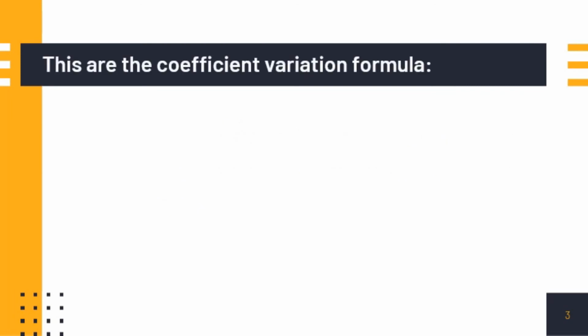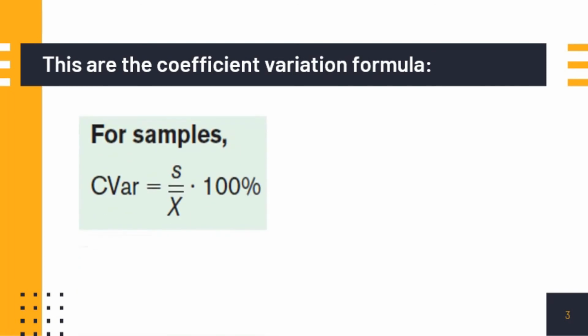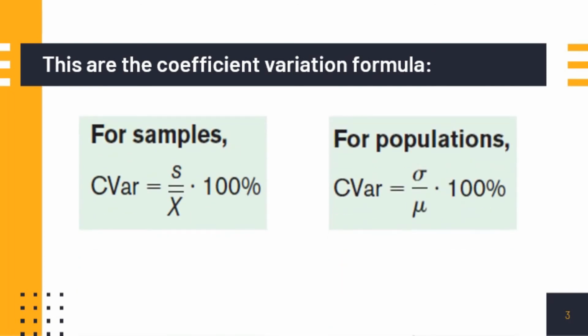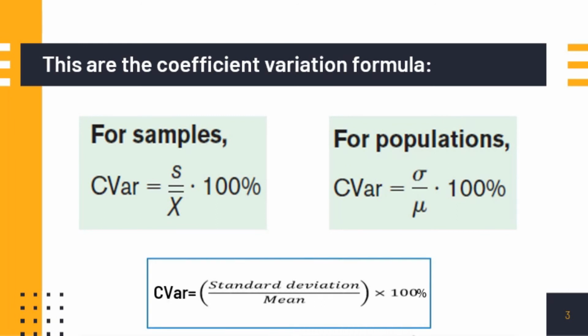These are the coefficient of variation formulas for samples and for population, which is CVar equal to standard deviation over mean multiplied by 100%.